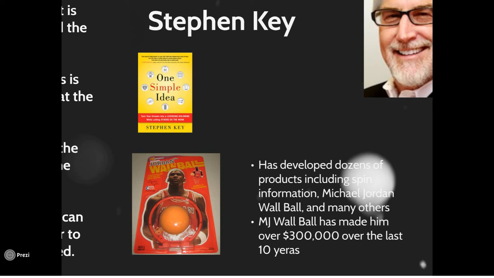So he went to a company that had the rights to use Michael Jordan's picture, and they made the Michael Jordan wall ball, and over 10 years it made him about $300,000 in licensing fees, and this was huge. So it could really be that simple. It took him literally a few dozen hours of work, and he's been able to get over $300,000 with this.